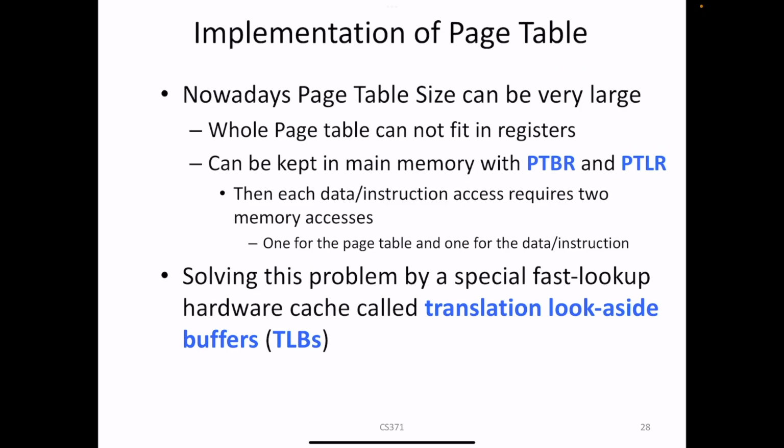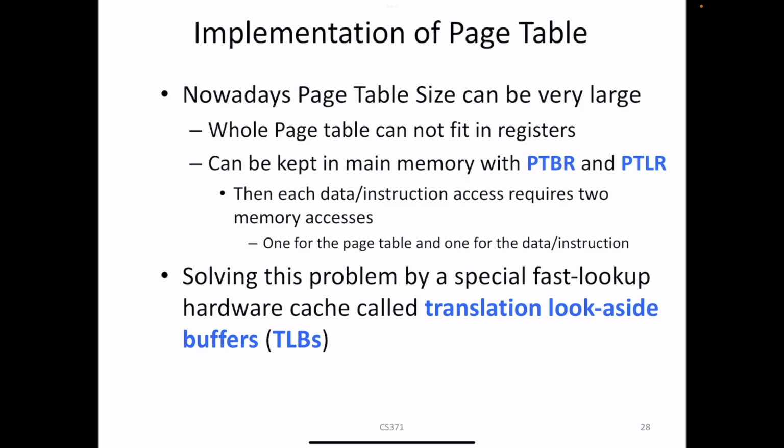First, we need to get the logical to physical address mapping from a page table. The other memory access is to get the data or instructions from the physical address on the main memory. Since each data or instruction access requires two memory accesses, the efficiency will be really low.